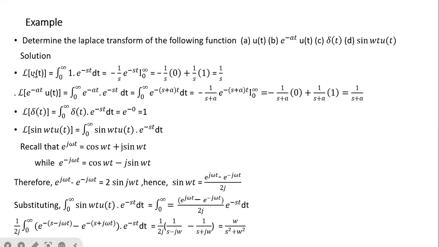Now we're going to substitute 0 and infinity for t. Whenever we see t, we substitute 0 and infinity.